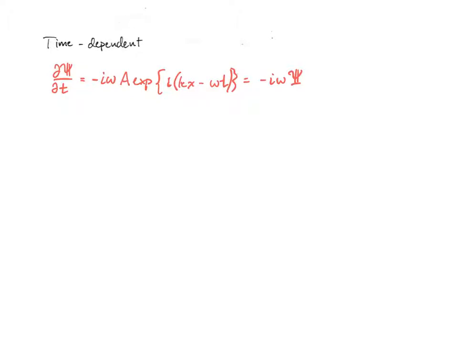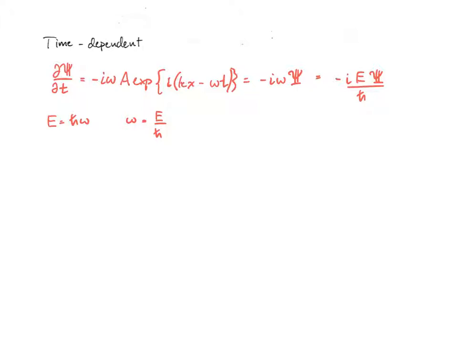But we also know that E is equal to h bar omega, or just dividing both sides by h bar, omega equals E over h bar. So I can say that this whole expression here just equals negative i times the energy psi over h bar.